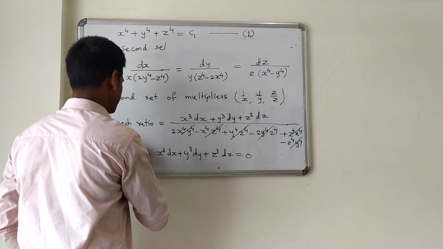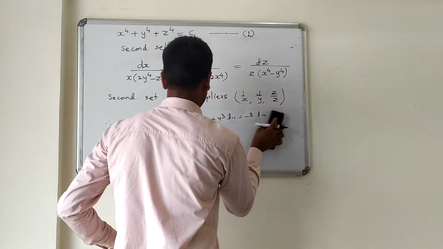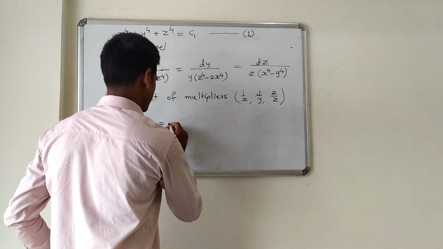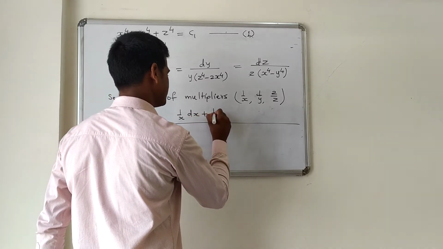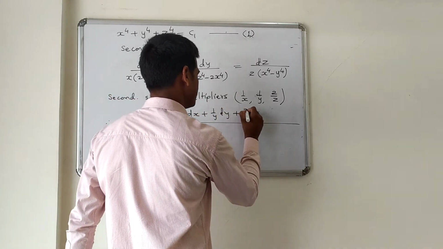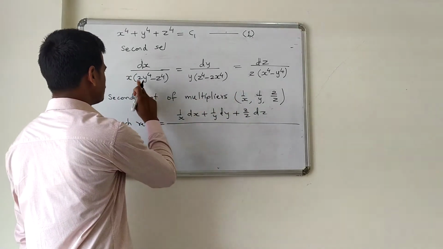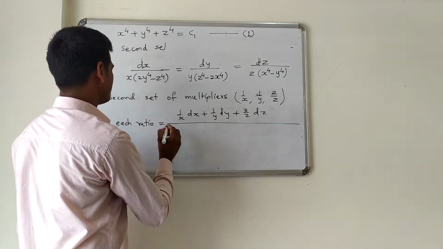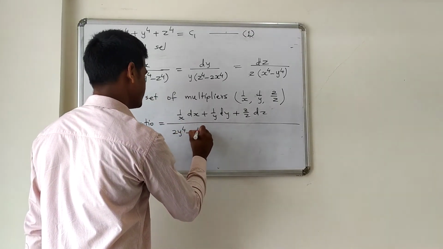So check, verify. Therefore each ratio is equal to, the numerator, 1 by x dx plus 1 by y dy plus 2 by z dz. And what is the denominator? x into 1 by x, so only the expression in brackets remains, 2y^4 minus z^4.